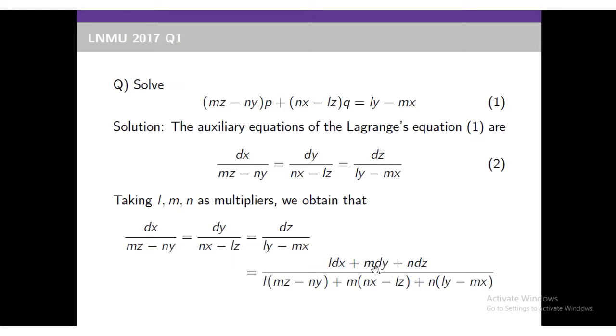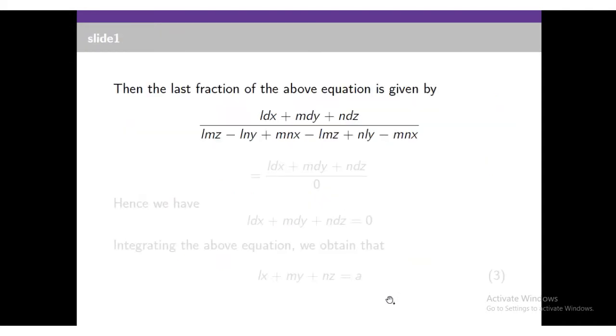So after calculation this fraction will be equal to L dx plus M dy plus N dz divided by 0. So the denominator of this fraction is 0, so the numerator of this fraction will also be 0. So it will become L dx plus M dy plus N dz equal to 0.